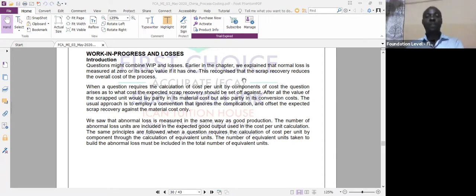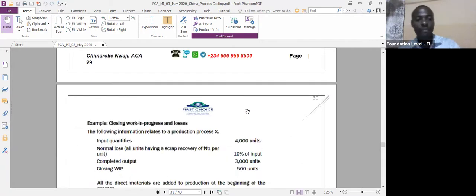Then we now complicate things by having both closing work in progress and opening work in progress. But now we may also have work in progress and losses. How do we combine them together? It means that we must recognize losses when there are normal losses, and whether the scrap will have recovery value, or if the scrap is lost.